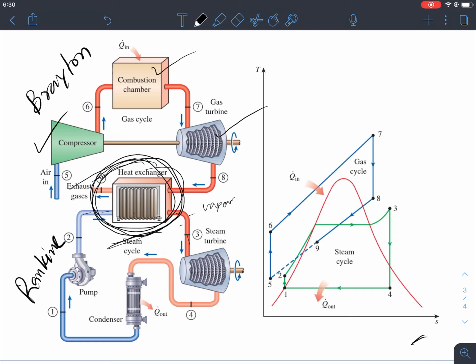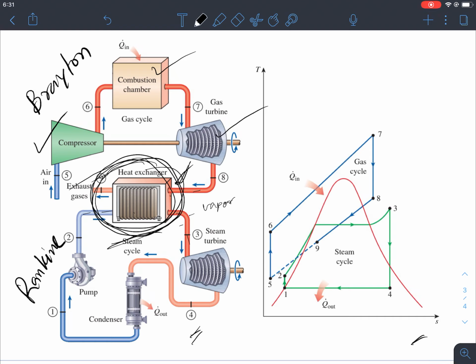Okay, one point I would like to mention right here is why the efficiency is higher in this process. Imagine that you have a Brayton cycle operated power plant. You are basically rejecting all the heat to the environment, so you are losing a lot of heat right here, right? Imagine that you have a vapor power cycle.